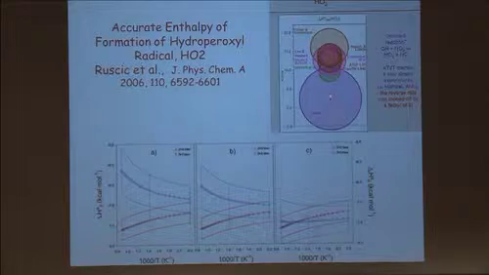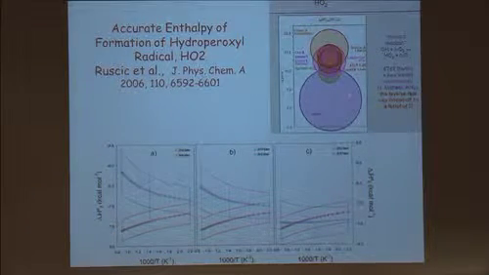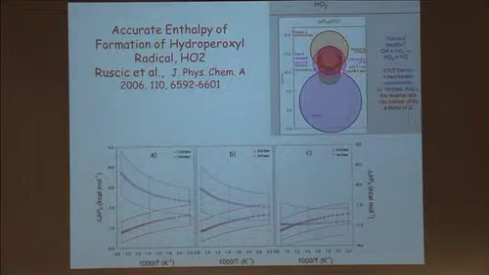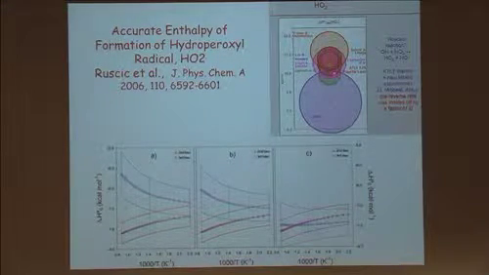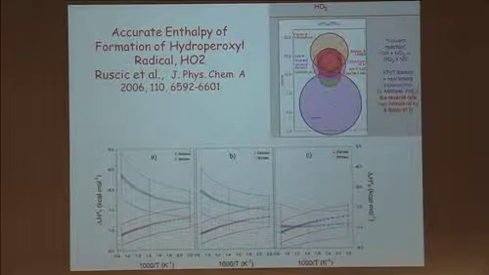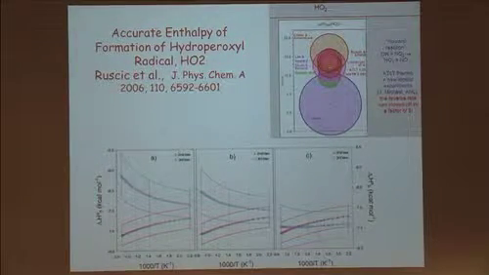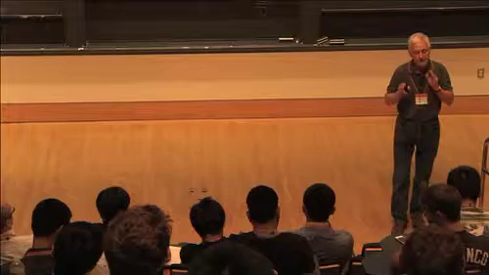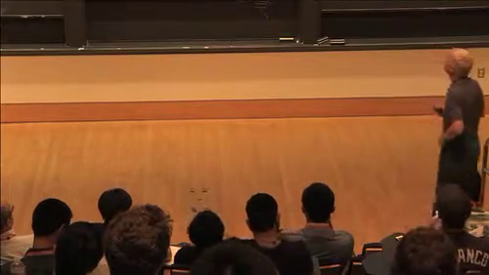And so this again is the JANAF recommended value with its uncertainties. And in red here is the ATCT value with its uncertainty. And those changes come primarily from recent careful experimentation associated with calculation.